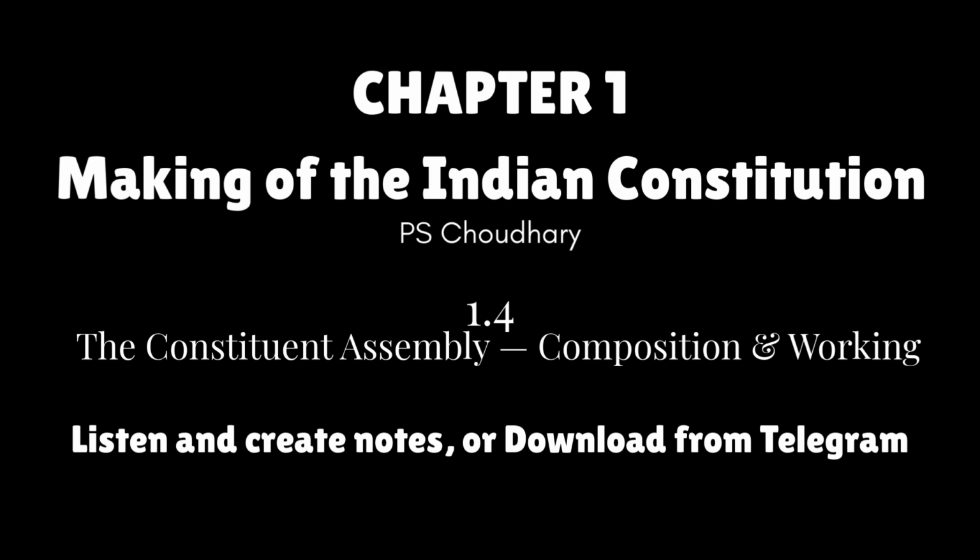Another fascinating aspect of the Constitution is the artistic work behind the original document. The original English version of the Constitution was beautifully handwritten in calligraphy by Prem Bihari Narain Raisda. The Hindi version was written by Vasant Krishan Vaidya. The decorative artwork in the Constitution was done by Nandalal Bose of Shantiniketan, who illustrated important scenes from Indian history.